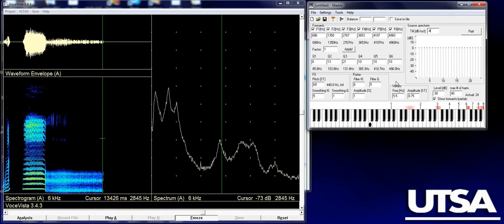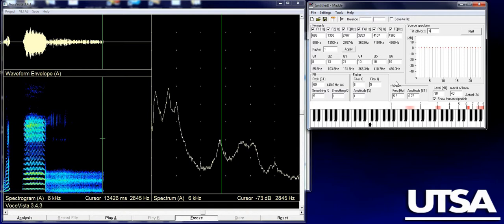Okay, so that's just a little taste of using Voce Vista to measure some qualities in your voice, vibrato rate and vibrato extent, and then using Voce Vista and taking some measurements using vocal fry to get formant frequencies as well as the formant bandwidth, and then plugging all that information into Madde and building a model of your own voice.